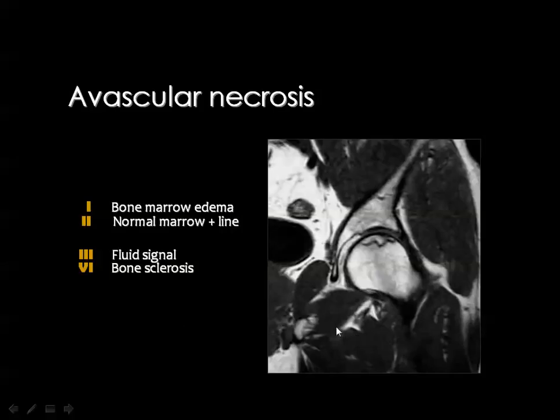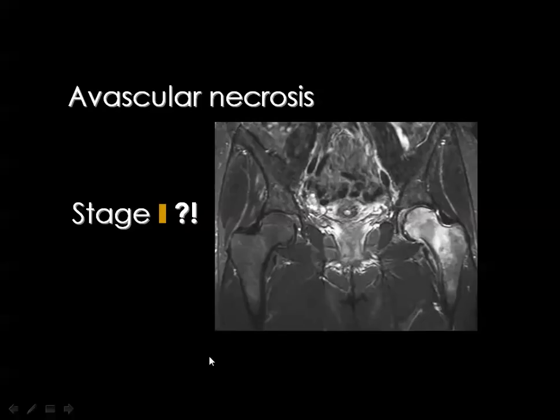Then, if we are convinced that bone marrow edema of the femoral head may represent stage 1 avascular necrosis, which can sometimes proceed to the development of the line and the start of the stages of the disease, we may consider bone marrow edema as a precursor for avascular necrosis in some patients and not in every case.